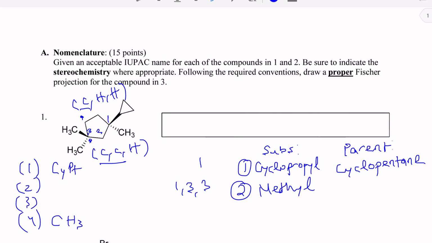So I'm just going to mention that as the lower part of the ring, the lower carbon, and the higher carbon.